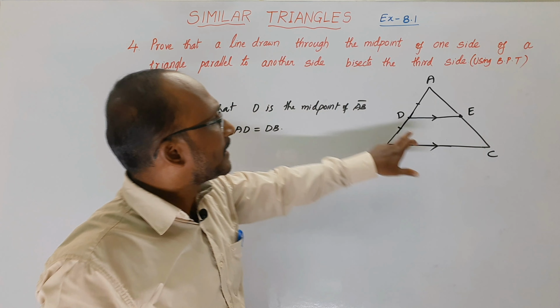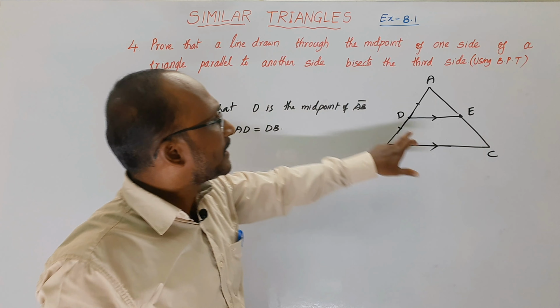So, these two are the angles in the triangle PQR. But we know that if in any triangle two angles are equal, we can say that that triangle is an isosceles triangle. Therefore, we can say that triangle PQR is isosceles. Like that, we can prove this result.